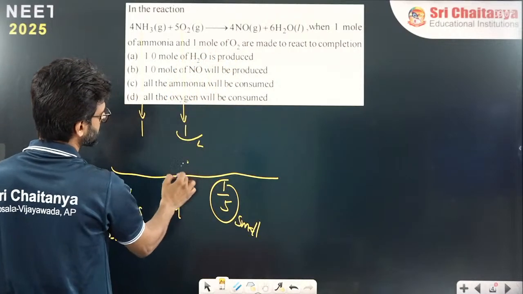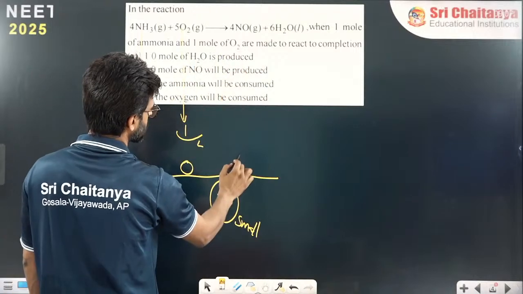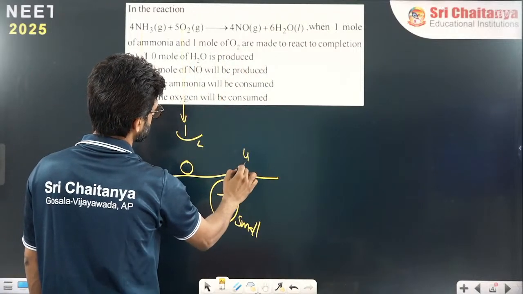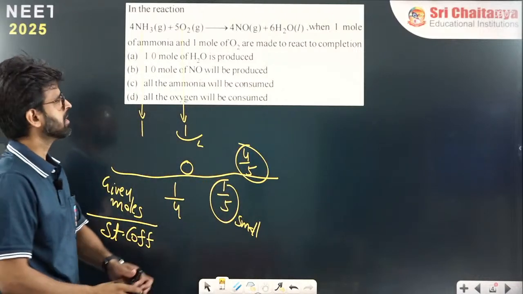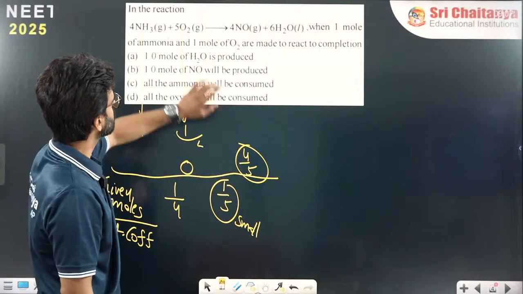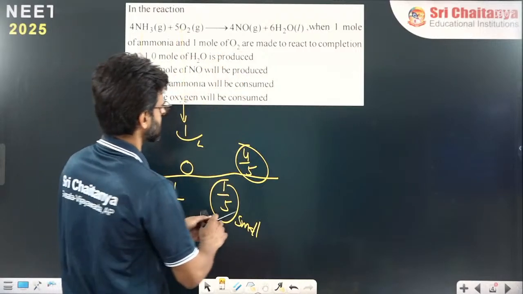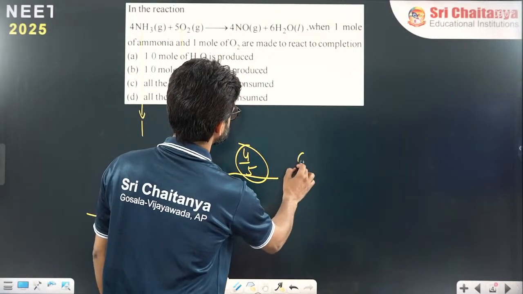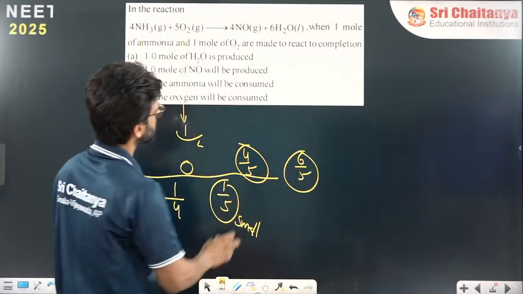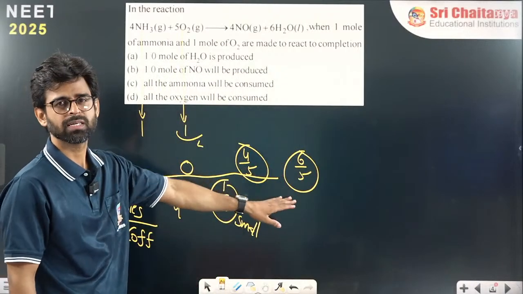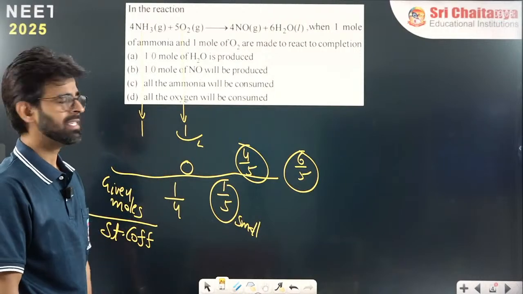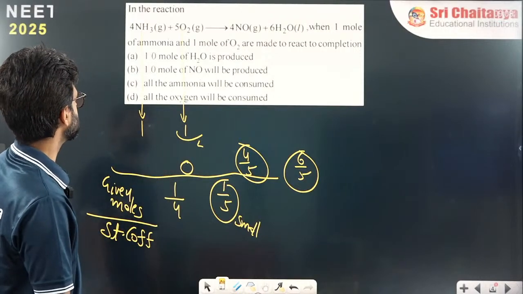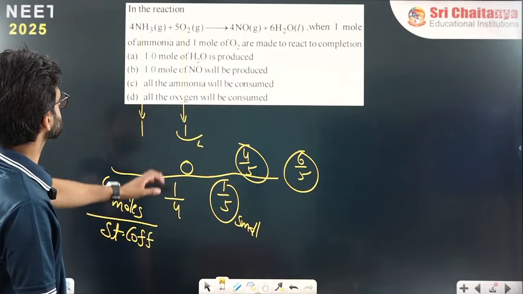So the limiting reactant will become 0. 5 make 4, so 1 will make how much? 4 by 5 mole will form. 5 moles make 6, so 1 will make 6 by 5. These are the moles of NO and water formed. Some moles will be left because it is the excess reagent, right? Fine. So you can find from here what they are saying.